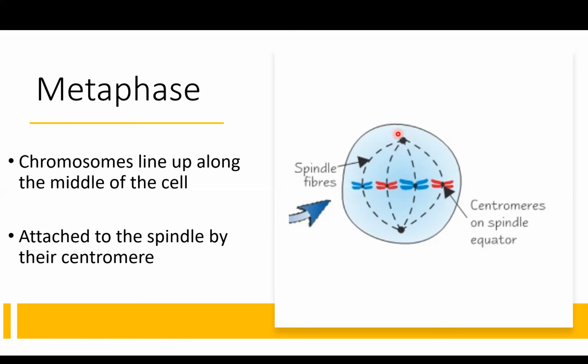The centrioles that we had up here, those protein bundles, have those spindle fibers coming out from them, and the chromosomes become attached to those spindle fibers by their centromere in the middle. So centromeres on the spindle equator, and they join up there. So that's metaphase. Chromosomes line up along the middle of the cell, and they attach to the spindle by their centromere.